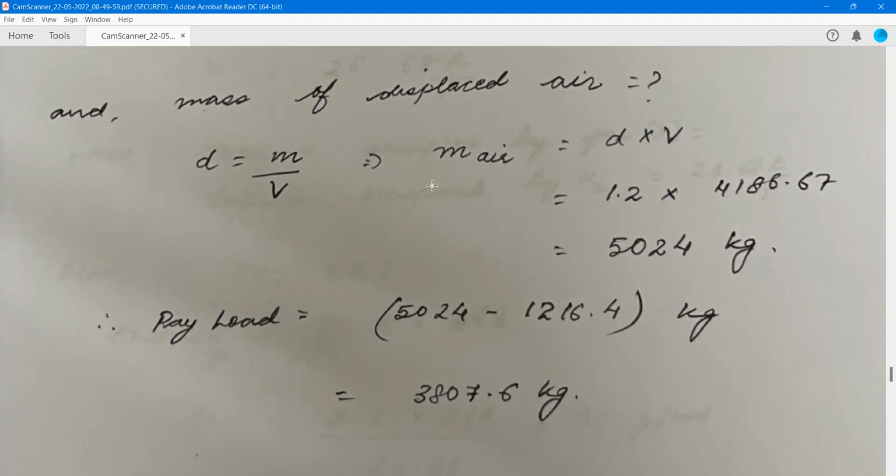Now if we subtract, we can find the payload. So the payload here is 5024 minus 1216.4 kgs, and hence the answer will be 3807.6 kgs. This question was quite tricky, but a very good question.